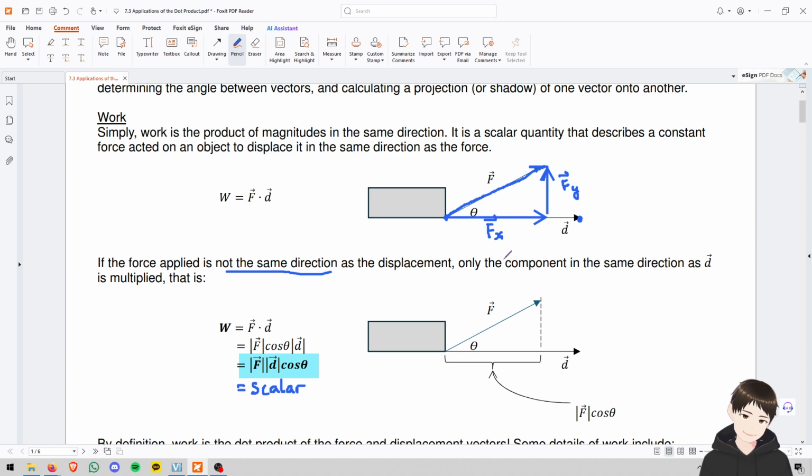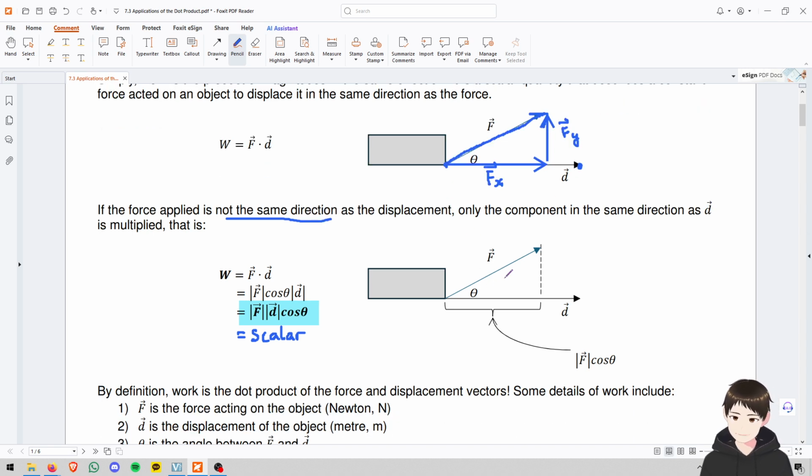Take a look: if this is the angle between my force and the direction I'm moving, or the displacement of the box, the adjacent over hypotenuse is cosine, and that is Fx over F. If I am interested in the horizontal component, then that is equal to the magnitude of the first vector multiplied by the cosine.